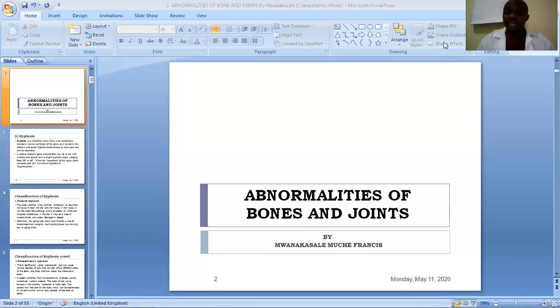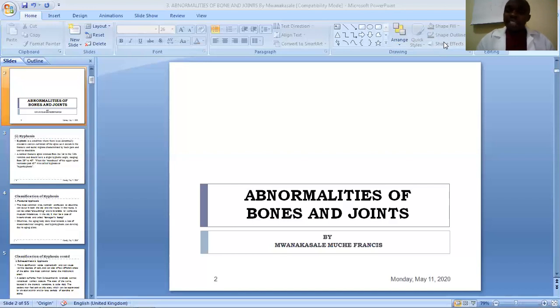hoping that you still recall that the spine can also be referred to as the spinal column or the vertebral column, where you find the vertebrae named according to the region where they are positioned in the spine. I hope you still recall that we have the cervical region in the spine, where we have the 7 vertebrae. We also have the thoracic region, where we have the 12 vertebrae.